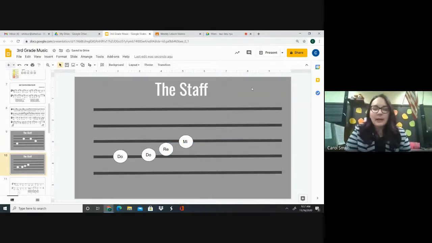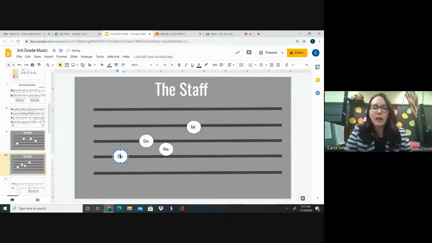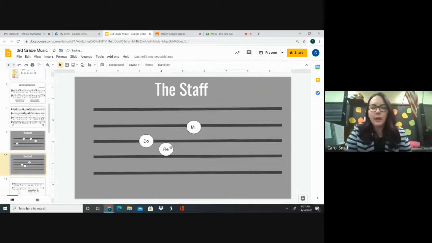So re would be inside of space 1, 2. And we know that if do is on the line, mi is on a line, re is in the space between them. So third grade, if I put do on line 3, and if I put mi on line 4, I'm going to delete this do because we really don't need him.